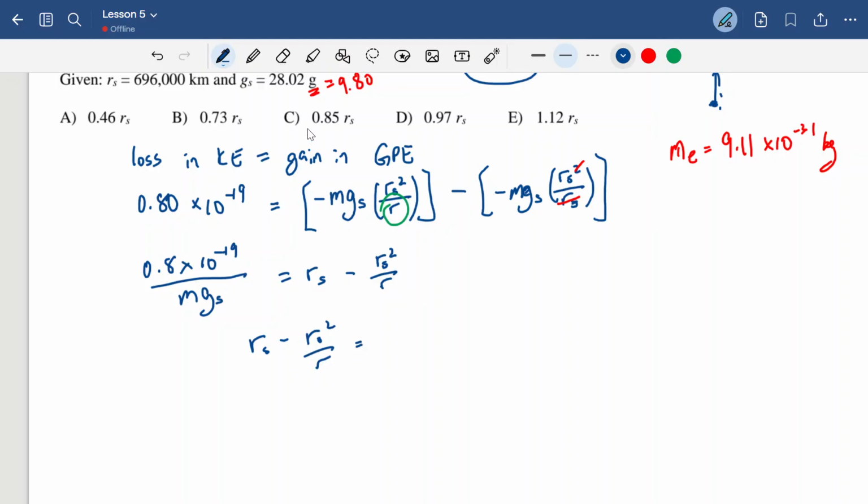I put it in terms of RS, then divide by 9.8.